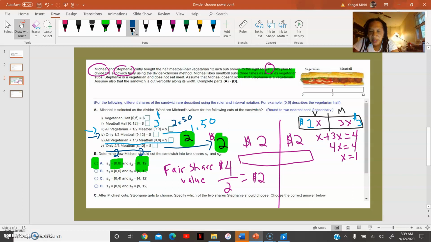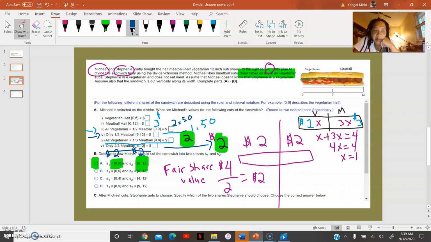We want each side to have a value of $2. So we didn't have to go any further to find the solution to this one. If we checked out the other pieces, we would have seen that they would not have quite worked, and almost everything we need is up in the previous section in A.